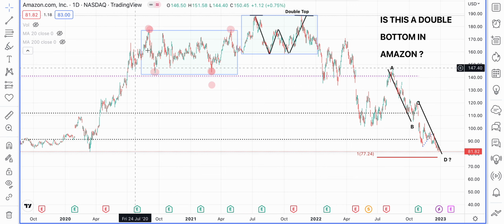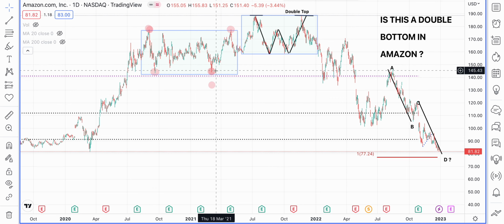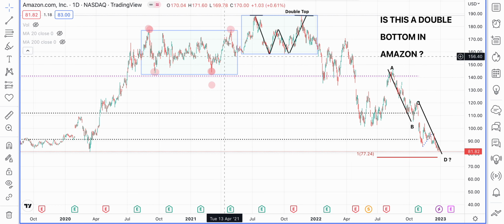Essentially, investors sold it here. They were buying the bottom of the trading range, so another bottom here. Then they sold the top of the range, bought the bottom of the range, sold the top of the range.